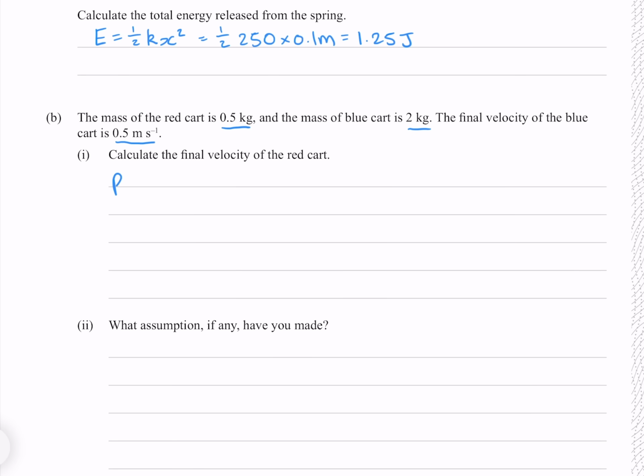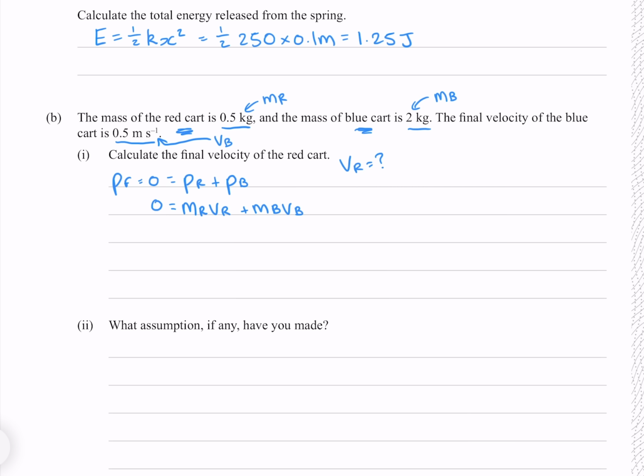And so our final momentum is 0 and is comprised of the momentum of our red cart and the momentum of our blue cart. Because momentum is mass times velocity, we can make those substitutions, where the mass of our red cart is our 0.5 kilograms, mass of the blue cart is 2, the final velocity of our blue cart is 0.5, and the velocity of our red cart is what we're trying to find.